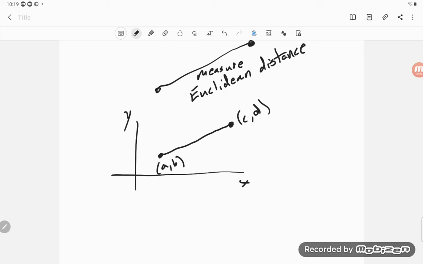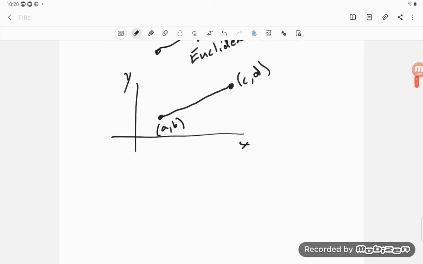Well, it could be that I know the coordinates of those points. Like, I've got, say, some sort of GPS device or something like that, and I can tell you exactly where I am. But now, what was that distance? Well, I guess you could say, well, use your app, right? But again, what's the app doing? What's going on? And we want to understand what's going on.